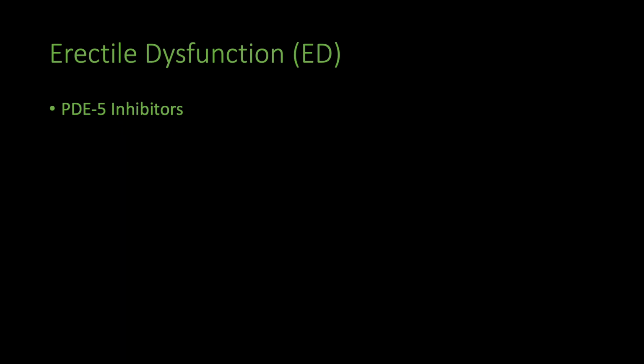And then similarly, for erectile dysfunction, PDE5 inhibitors are used here. And then testosterone for hypogonadism. Sometimes certain tissues in the body cannot produce testosterone. So that's why you might see in the pharmacy where testosterone is typically dispensed to patients, to help increase those testosterone levels for various tissues and areas where testosterone is not being produced as it should.